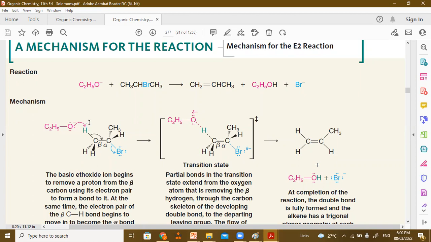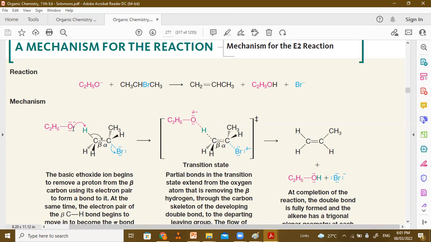So when it becomes partially positive, the base with an electron pair tends to attack this hydrogen and form a bond. Partial bond formation here. So when it forms a partial bond, you actually get a transition state. There is a partial bond formation between the oxygen and the hydrogen, and the hydrogen-carbon bond will be partially broken here, and this bond will actually partially form between the carbon and the carbon here.